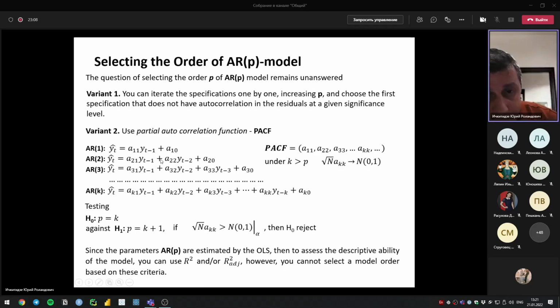These diagonal coefficients make up the PAC function. Or it is possible to say in another way, the significance of these coefficients is the PAC function.